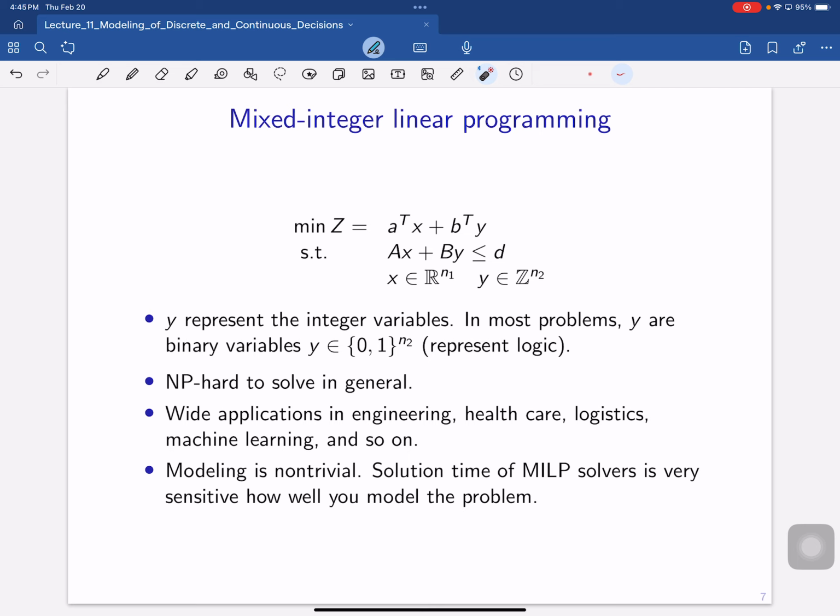Modeling is non-trivial, and the solution time of MILP solvers is very sensitive to how well you model the problem. I will show you how to write a good model in this lecture, and in the next few lectures we will talk about algorithms. After you study the algorithms, you can appreciate more the good modeling strategies.